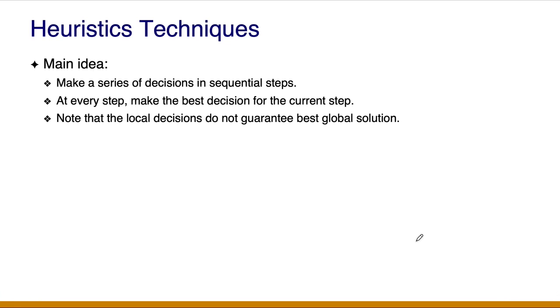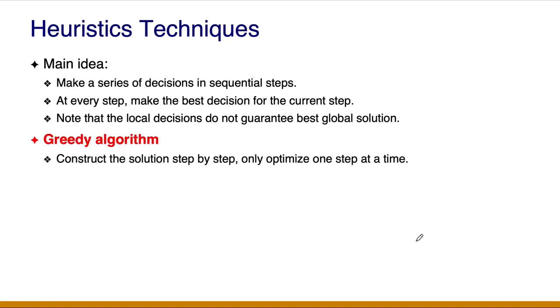But if you only try to make the best possible decision at one step, then your complexity usually will be only linear, right? So this is the trade-off. You don't optimize all the steps in one go, but instead you focus on the optimization of a single step, right? And because of that, you don't get the global optimal solution, but again, the solution will be of reasonable properties. Not the best possible solution, but usually reasonable.